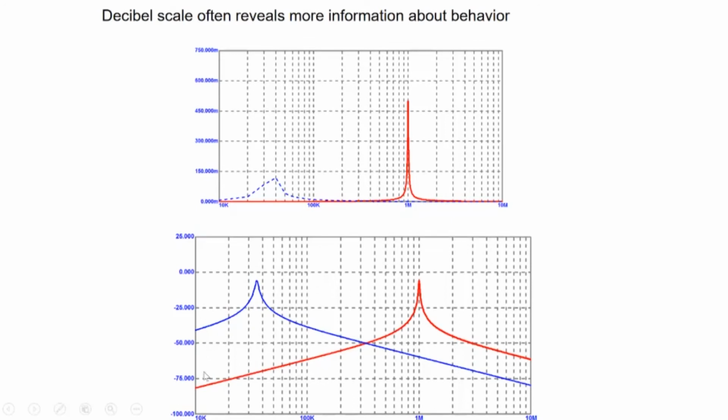The whole thing is converted into decibels, and now we can see a lot more of the variations with more clarity than in the previous case. Note that in here, all this part was appearing to be 0, and all this part was appearing to be 0. We can see it's not really 0.